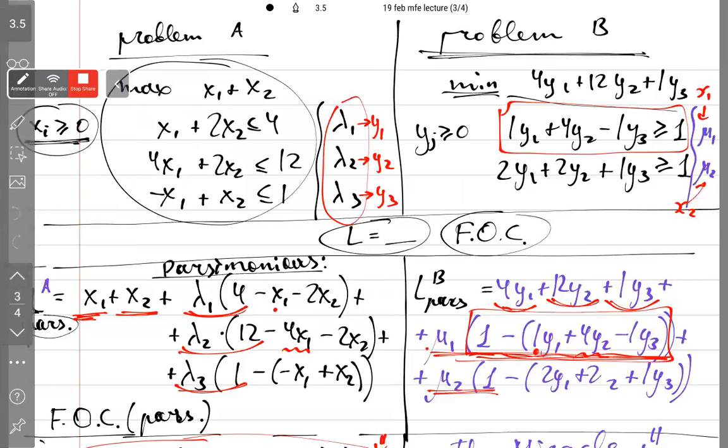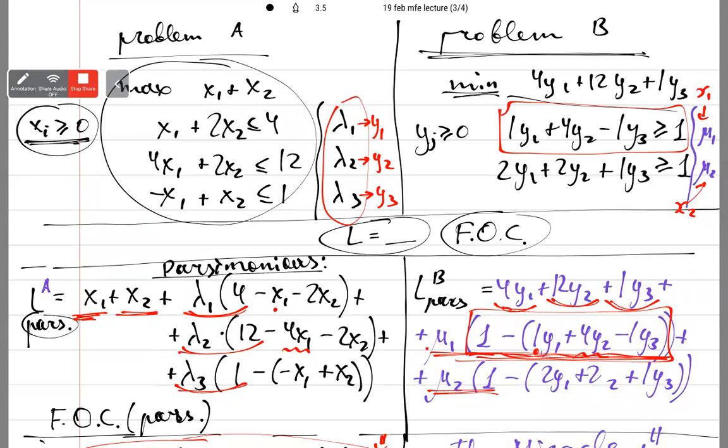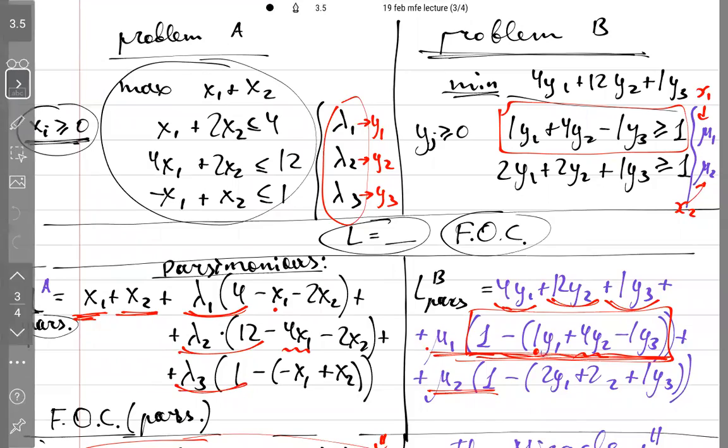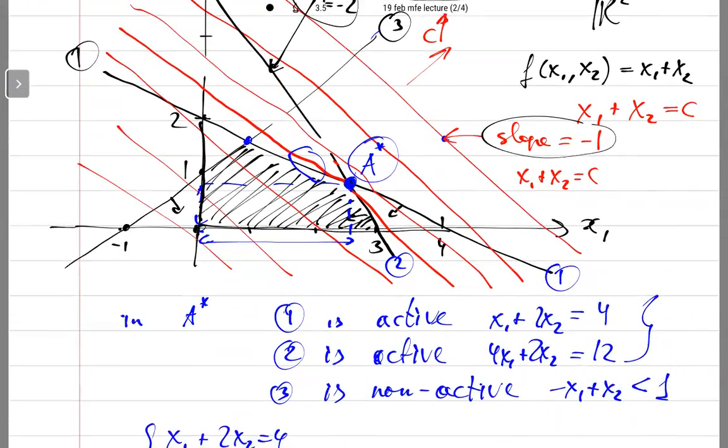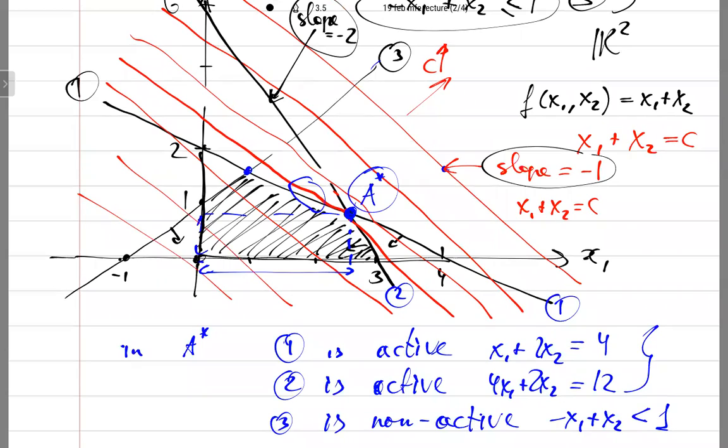Let's go back to this plot. We have seen that at our optimal point, first constraint is active, second constraint is active, the third one is non-active.